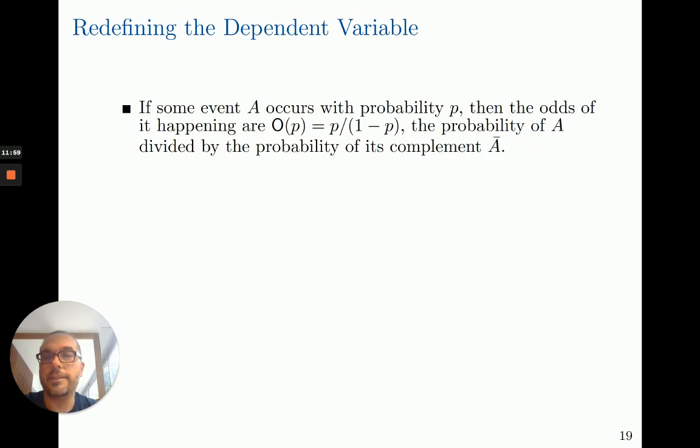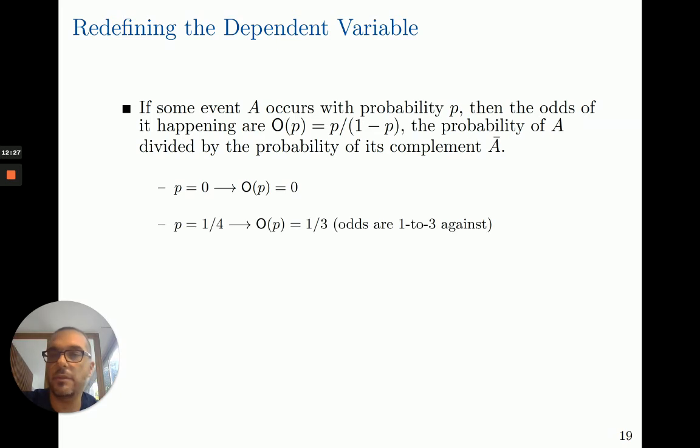So let's look at an example. If some event occurs with probability P, then the odds of it happening, that we're going to call O_P, is P divided by 1 minus P. So it's the ratio of the probabilities of the two events, the probability of A divided by the probability of its complement. So P equal to 0, O_P is 0.